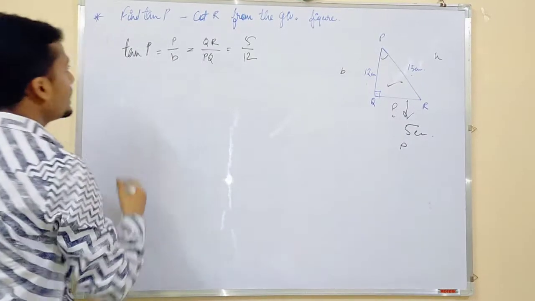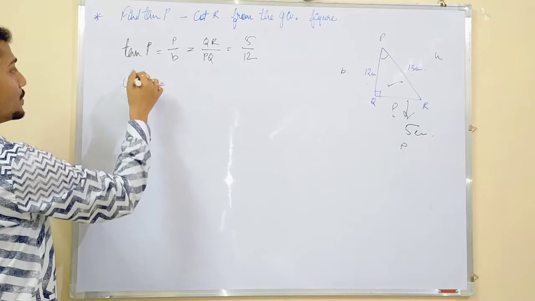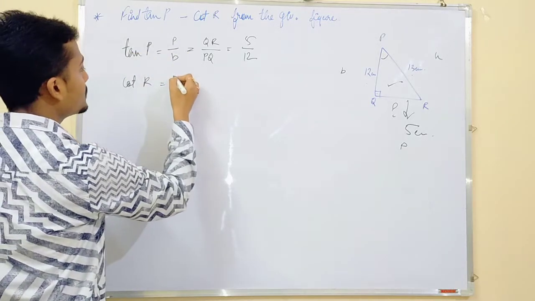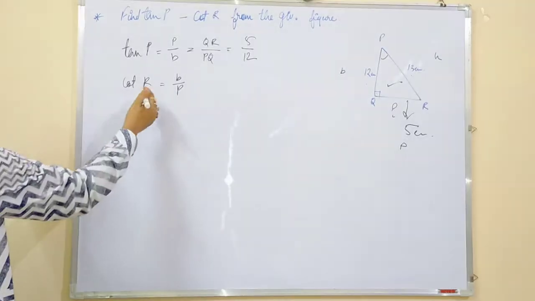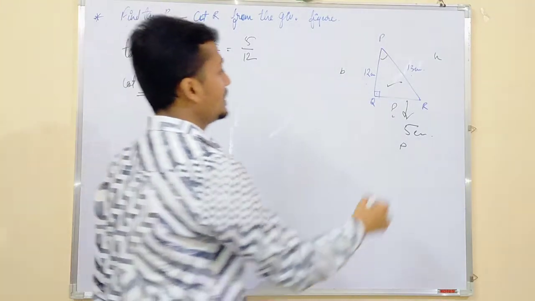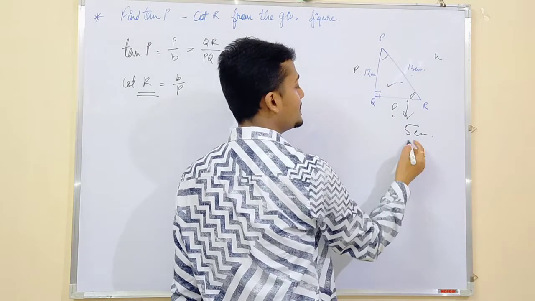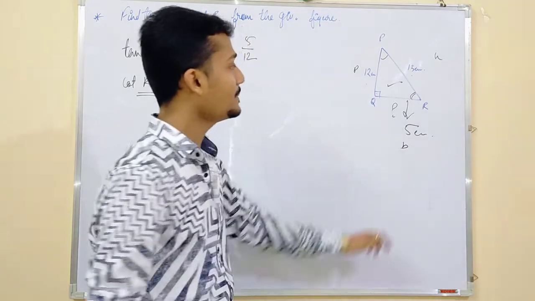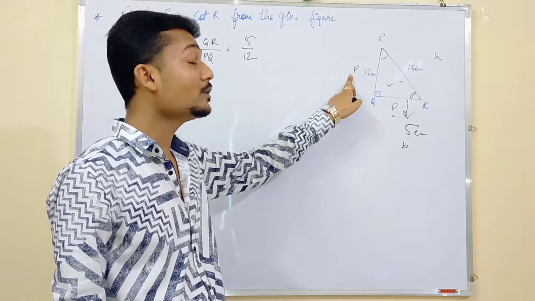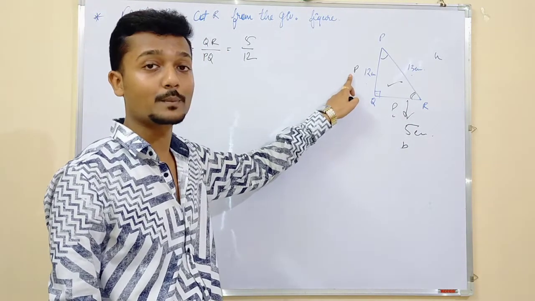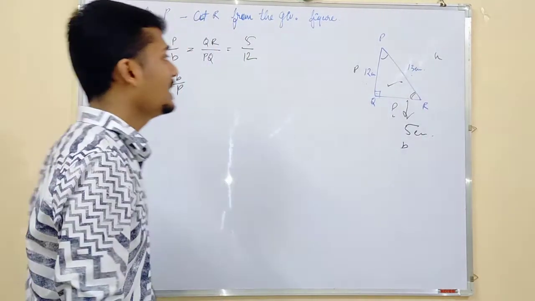Is it not? Now cot R. The opposite of tan is cot, isn't it? So it will be B by P. Now the thing is that the angle is different. Here we are taking R, isn't it? That means when I am taking R as the angle, the side opposite to the angle that we are taking will be our perpendicular, and the other one will be base, and the hypotenuse will remain as it is.